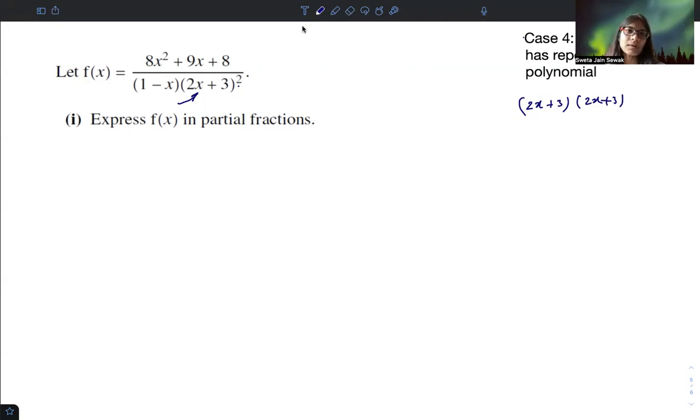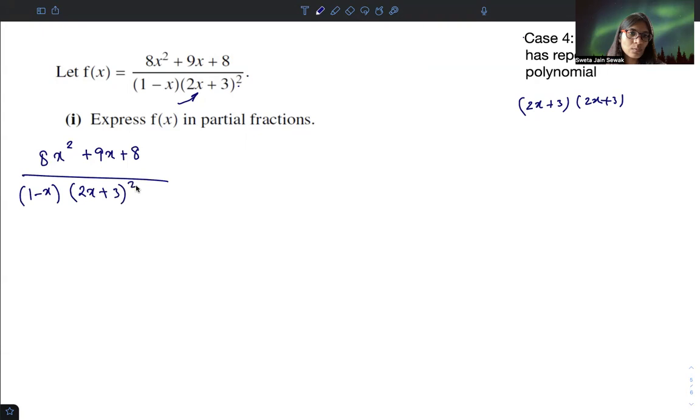Okay. So there's a different way to deal with this kind of rational fraction. And how do we decompose this first? So the decomposition will be 8x squared plus 9x plus 8 over 1 minus x multiplied with 2x plus 3 squared. Since there's a square over here, one of the denominators is 1 minus x.